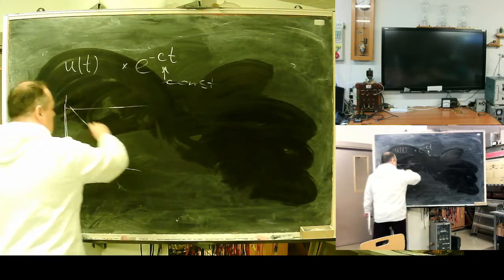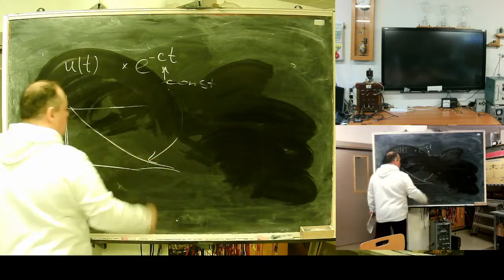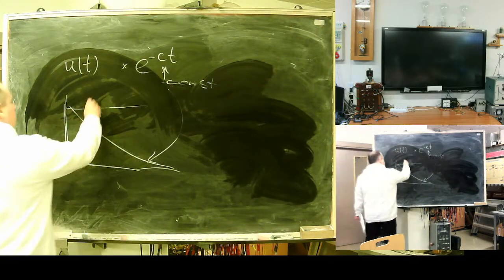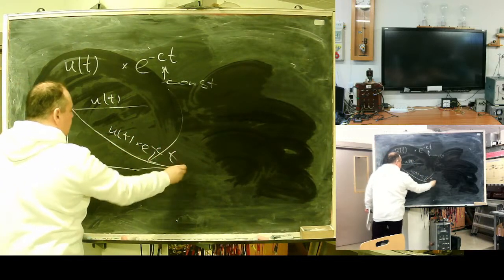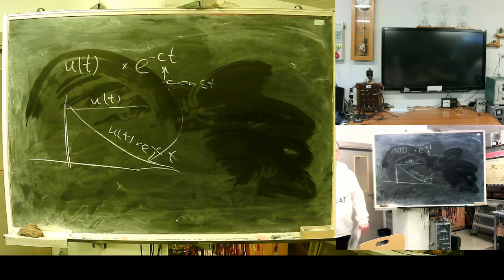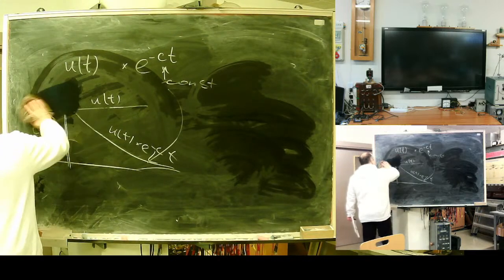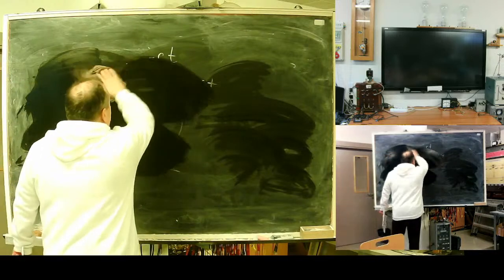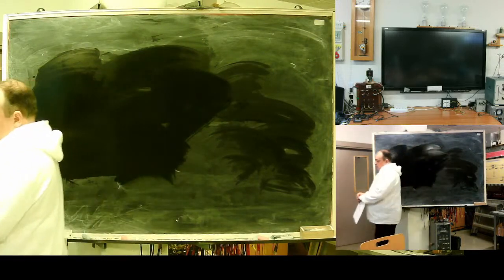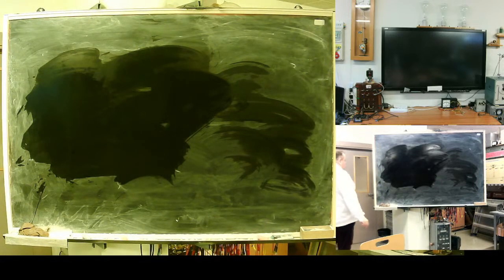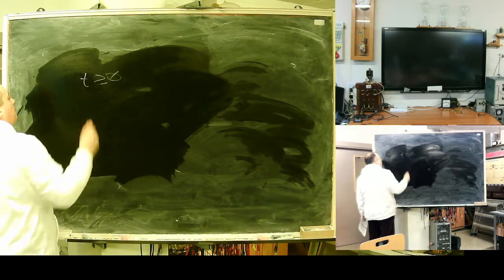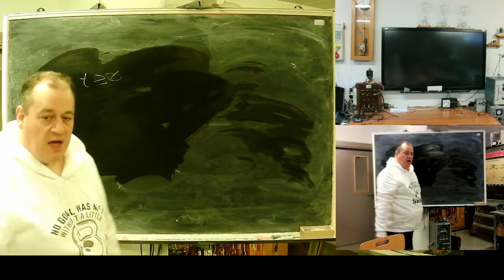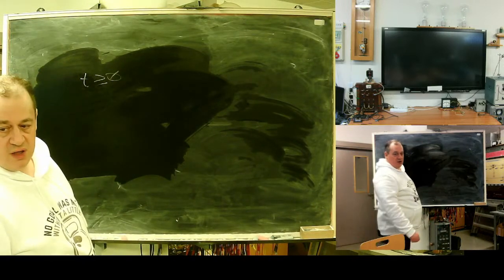This was the original, this will be multiplied. We immediately should note one thing: we can analyze only for positive time, because in negative time, e to the power minus ct will ruin our left margin.